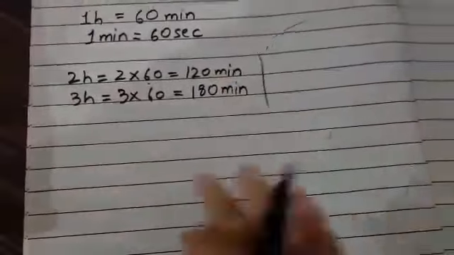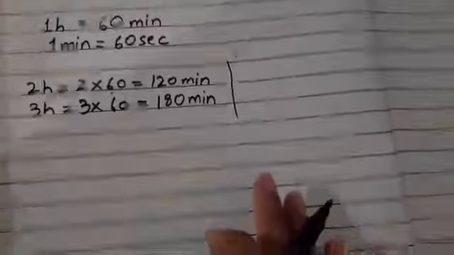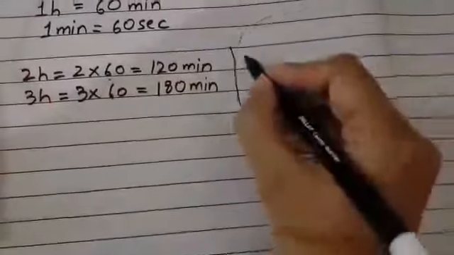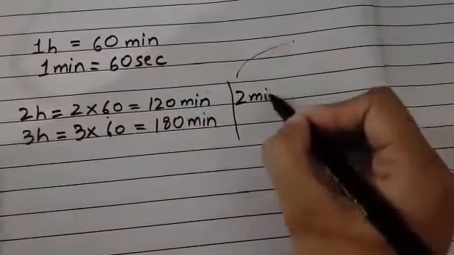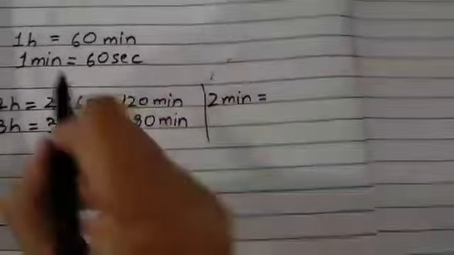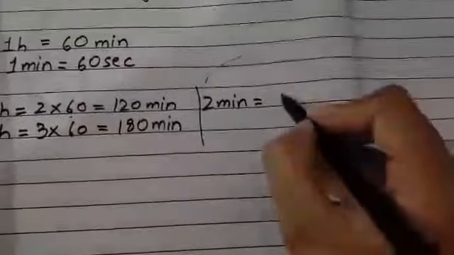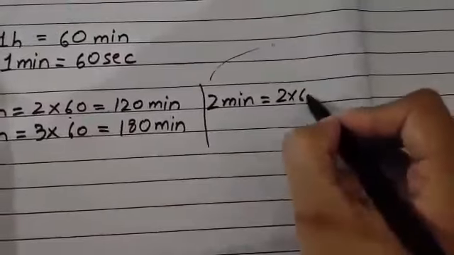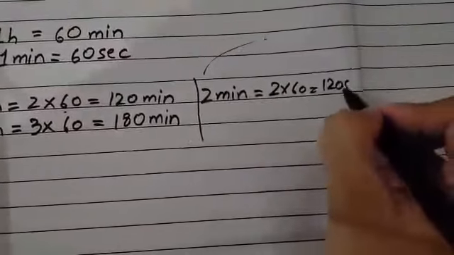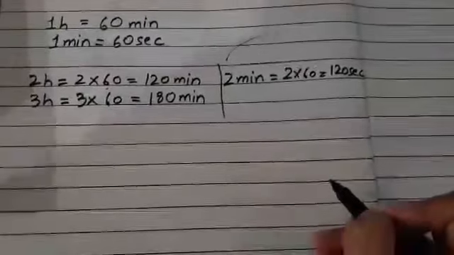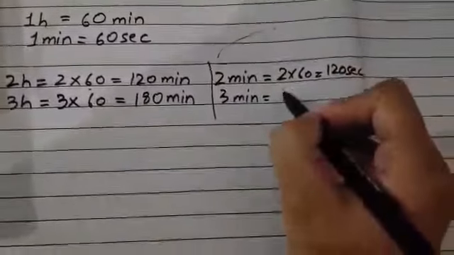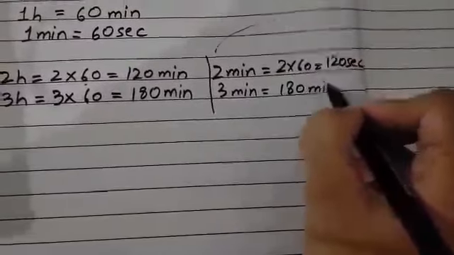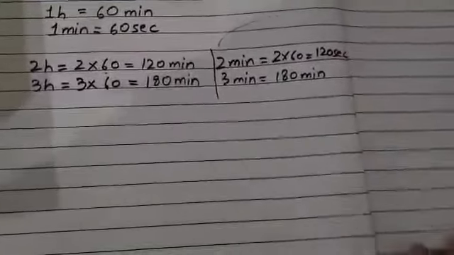The same case applies with the minutes as well. We know about 1 minute, then 2 minutes is equal to 2 into 60, that is 120 seconds. 3 minutes equals 180 seconds.